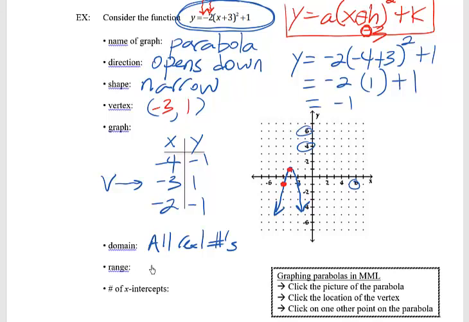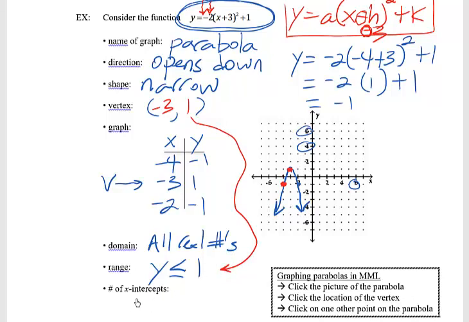So the range would be all the y's from the vertex value down. What is that value? It was 1. So the range would be y's that are less than or equal to 1. Remember, the 1 here came from the k value, this one. In fact, the range will always have a connection to that k number.